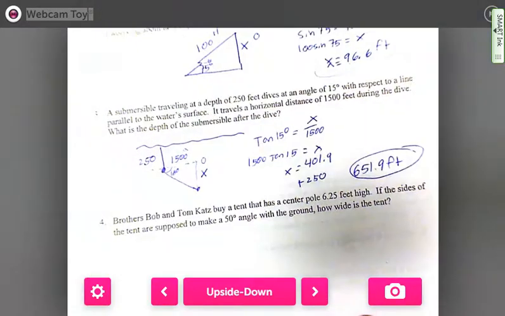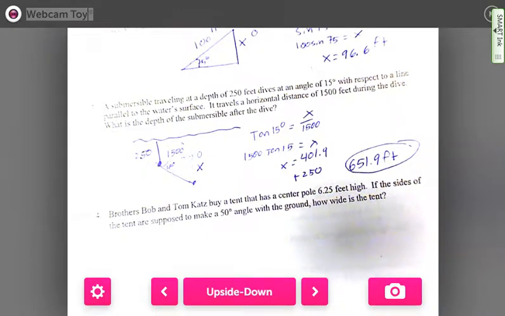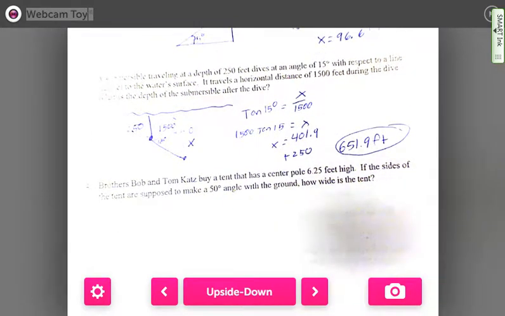Okay. All right. Brother Bob and Tom Katz buy a tent that has a center pole of 6.25 feet high.